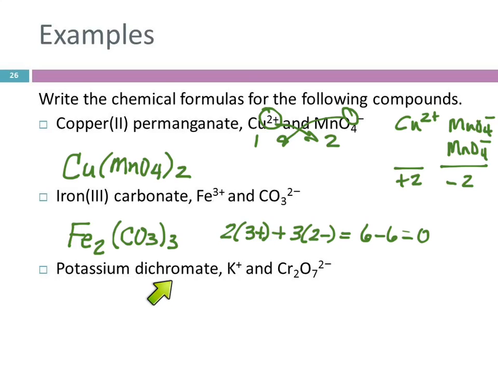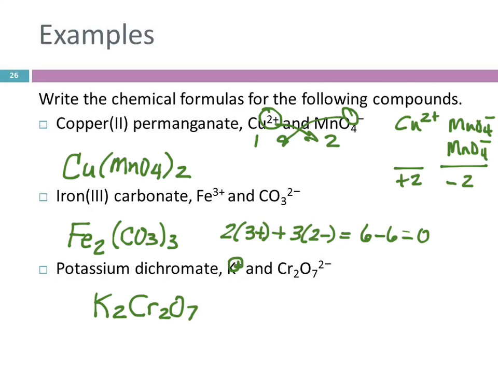Potassium dichromate. So here's the potassium ion, here's the dichromate ion. What's the formula when those two get together to make a compound? Yeah, we need 2 potassium, so K2, Cr2O7.